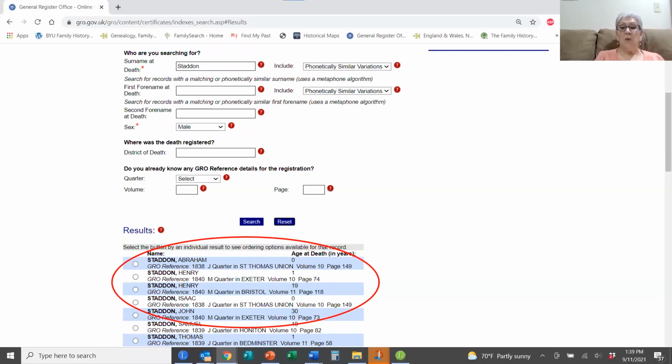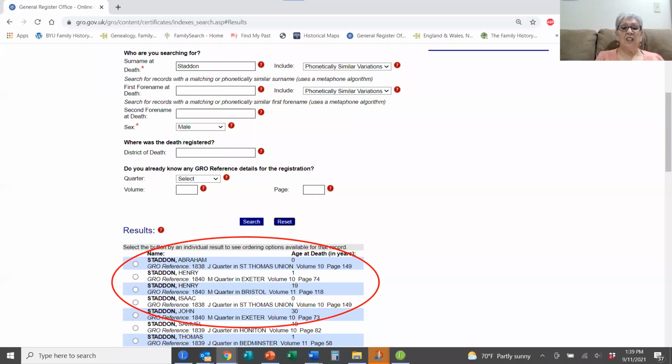So I went to check and see if they died. This is the death index on the GRO. And yes, indeed, Abraham, there he is right there at the top. And Isaac, about four down, there he is. They both died just shortly, probably after birth.